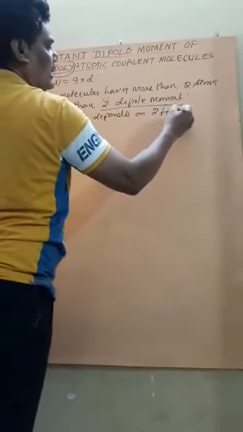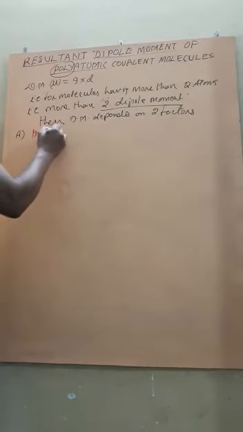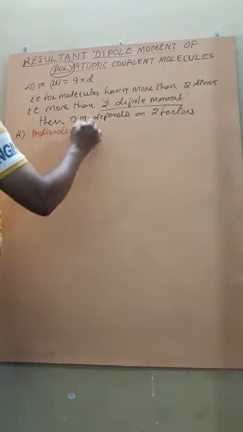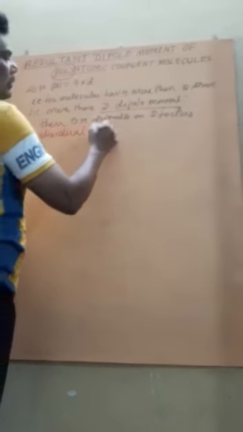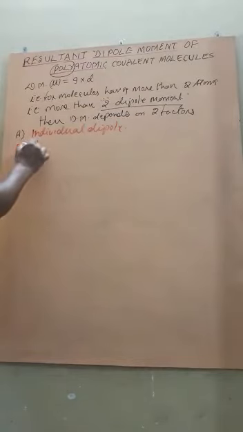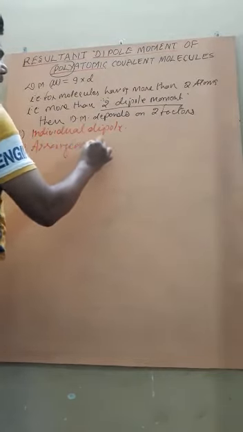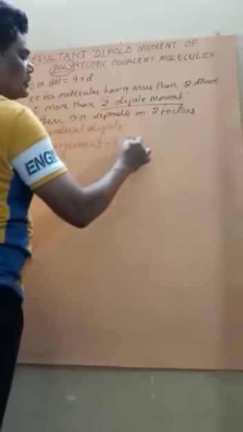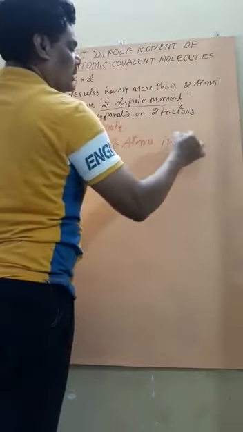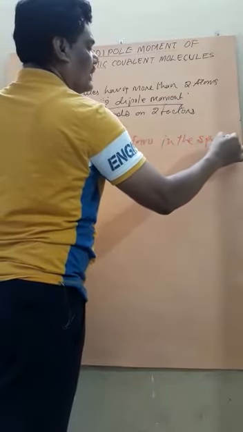two factors. Factor number one, individual dipole, and number two, arrangement of atoms in the space, that is around the central atom.